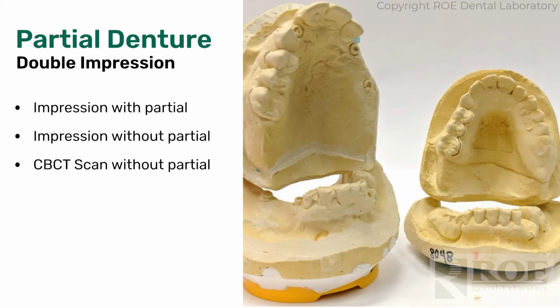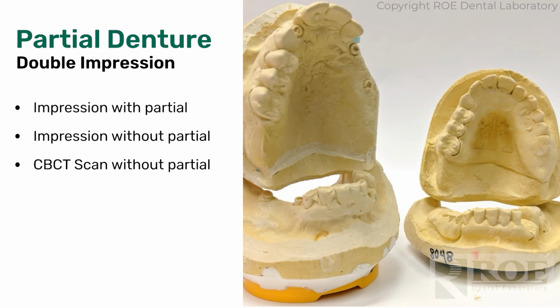If the patient has a partial or a flipper that is helping to maintain the bite, or is giving us an idea of where the anterior teeth should be, then capture a study model with the partial seated, and then a scan or an impression without the partial. So two different impressions for partial patients.